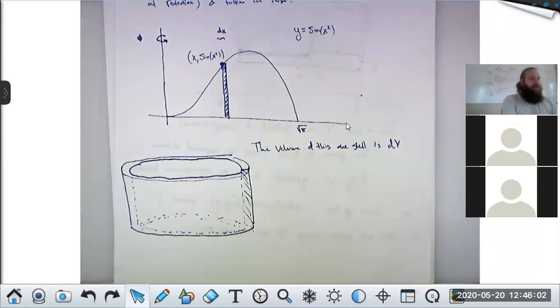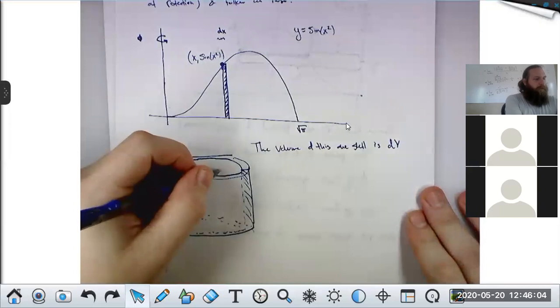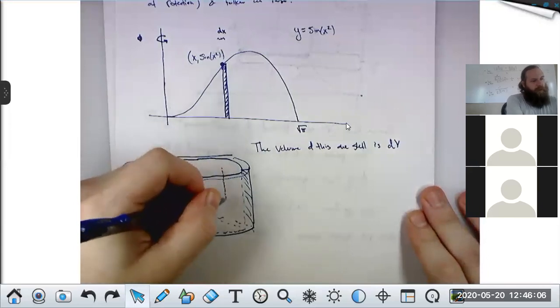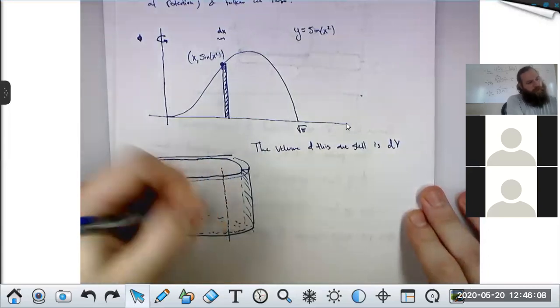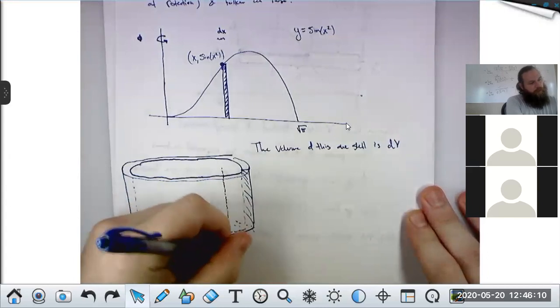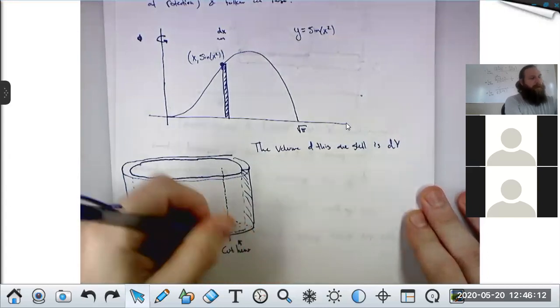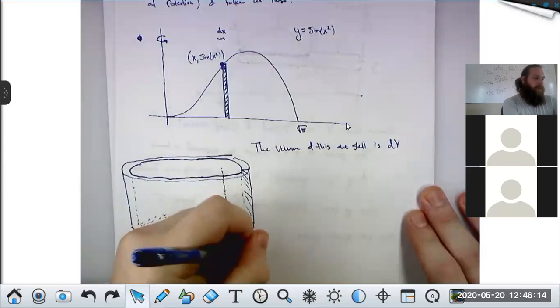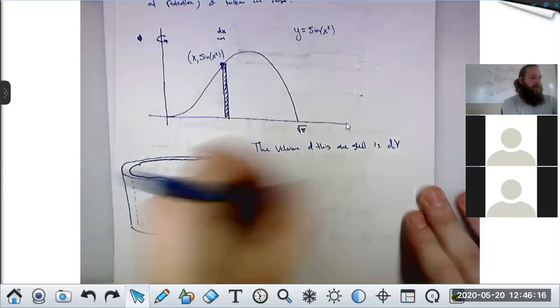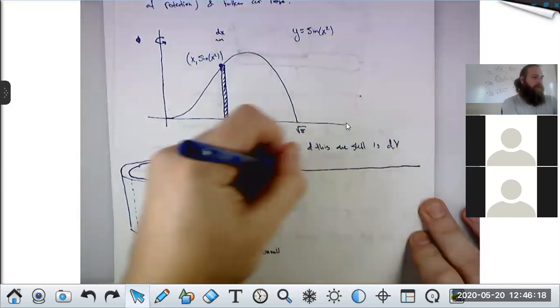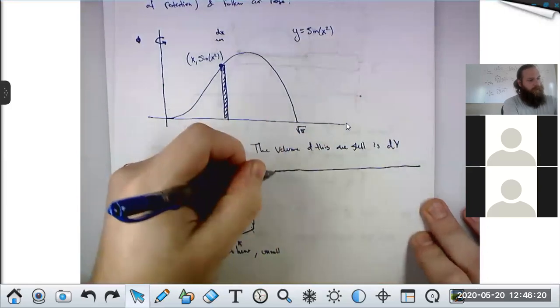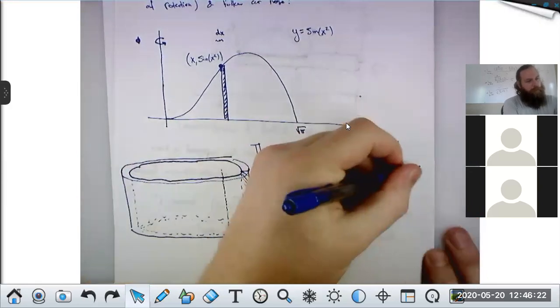The way we do that is by, I imagine coming in here with some very sharp scissors, and I cut this shell right here. And then I unroll. So that's going to give me a little rectangular prism.